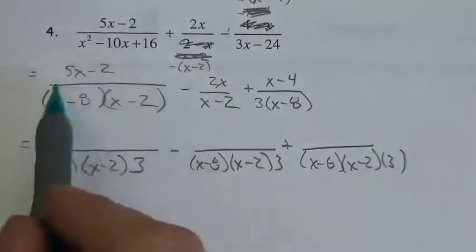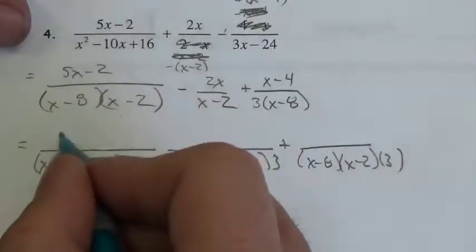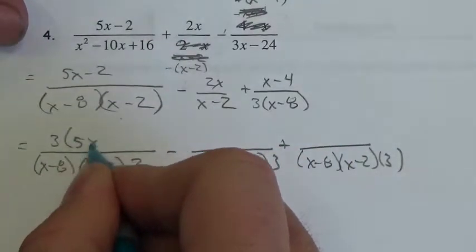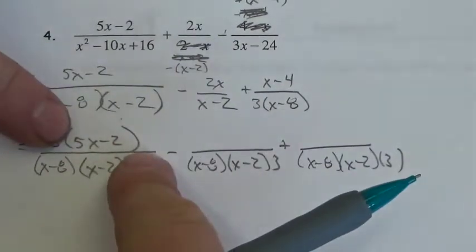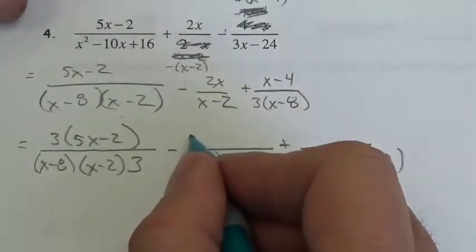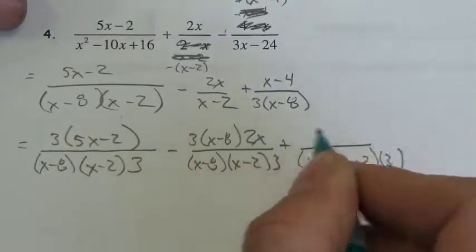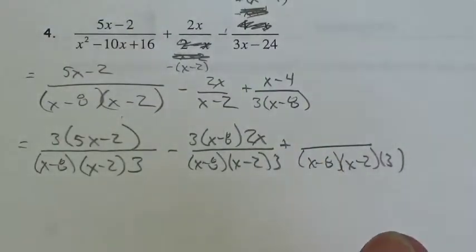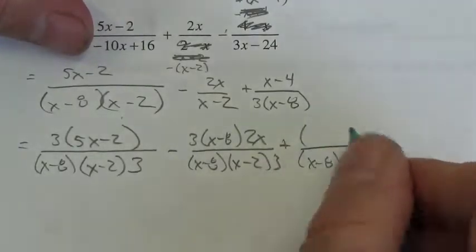So going back to this first term, what factor is missing in the denominator? It's just the 3. So I'm going to multiply the numerator there by that 3. Okay, and if you cancel those 3's out, you go right back to the original. Here, this one's missing a couple. It's missing the 3. It's also missing the x minus 8. And the numerator was 2x. Here, this one was simply missing the x minus 2 factor.